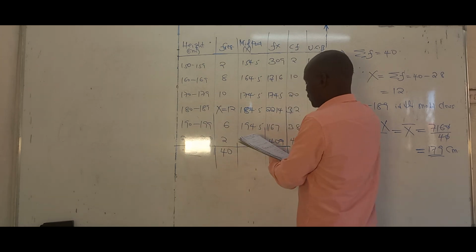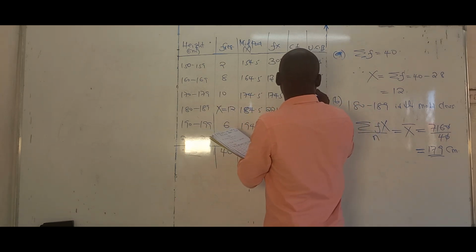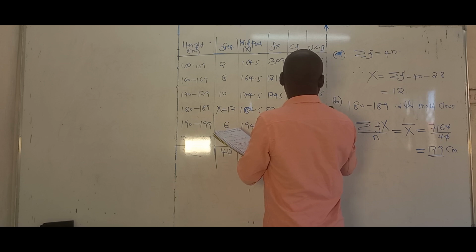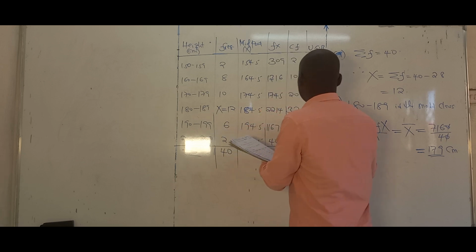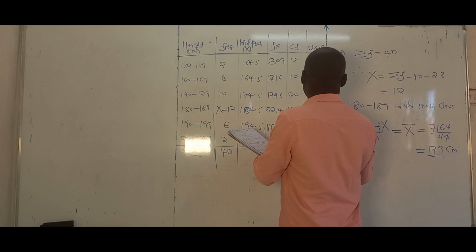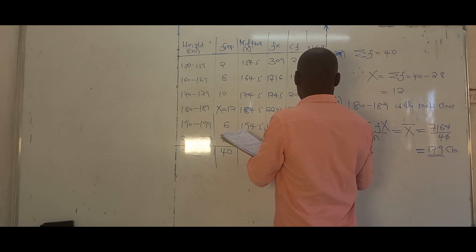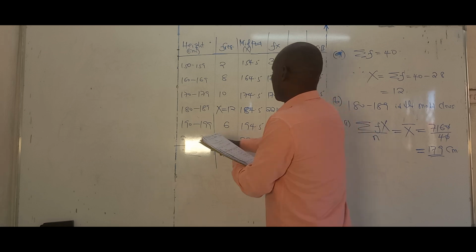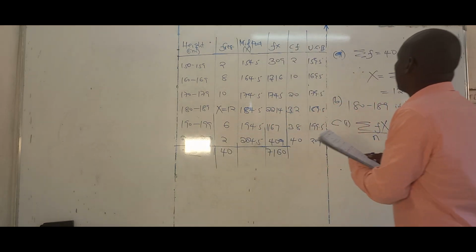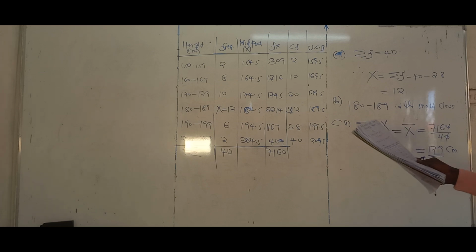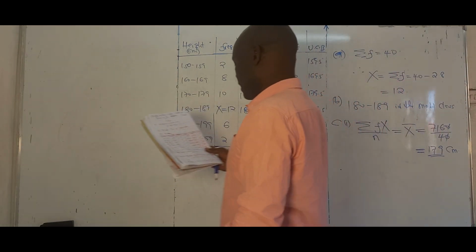It goes like that because we take this, then 179.5, 189.5, 199.5. Then we have 209.5. That's what we have.